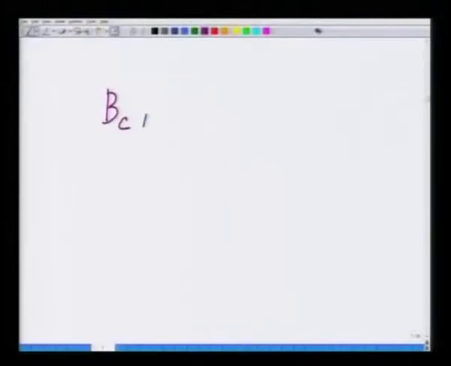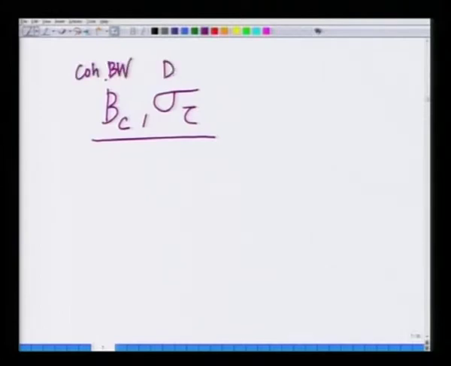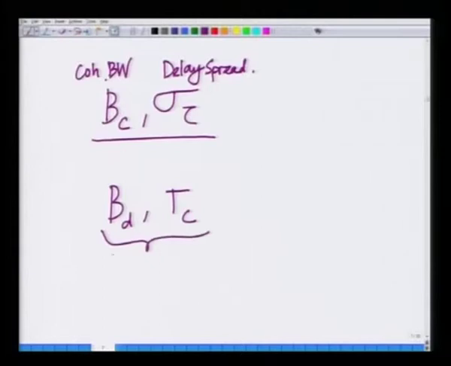The coherence bandwidth Bc and the delay spread sigma tau are related to each other, and the Doppler spread and coherence time, these two are related to each other.